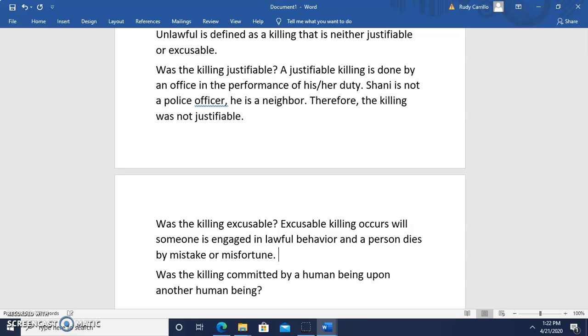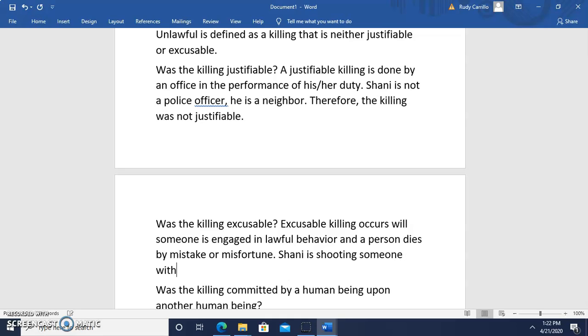So Shane shooting somebody with a shotgun is not lawful behavior.